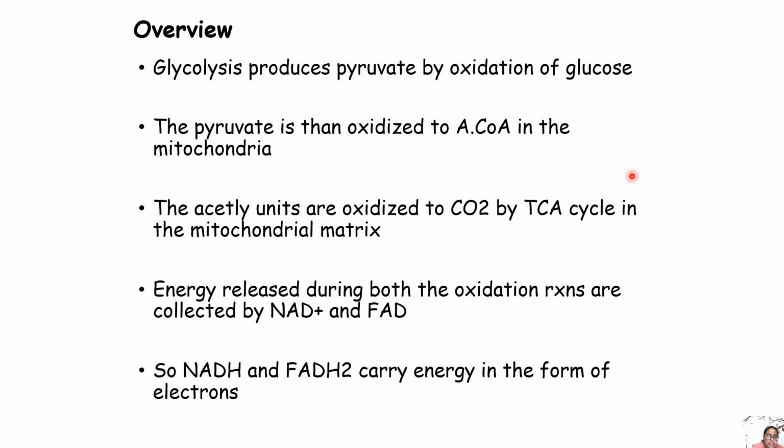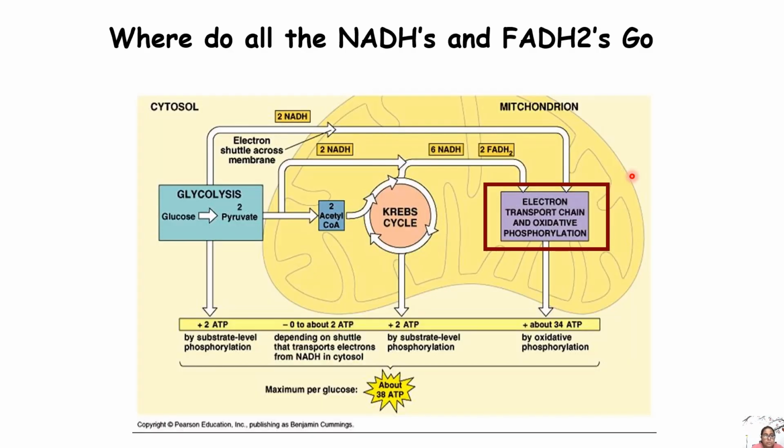So NADH and FADH2 carry energy in the form of electrons. So where do all the NADH and FADH2 go? They all move ahead to the ETC, or the electron transport chain.